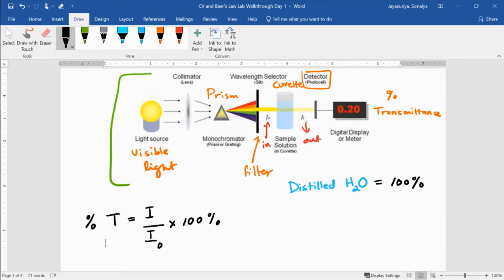So I naught and I are the same thing for distilled water. You would get 100% transmittance, okay? So this is why we use distilled water as our control, because distilled water tells us that if there's nothing in the solution, this is the amount of light that will be transmitted, which is 100%.